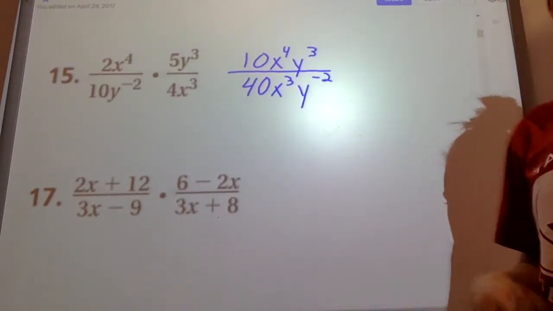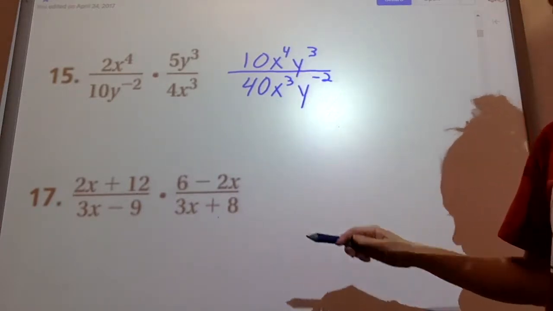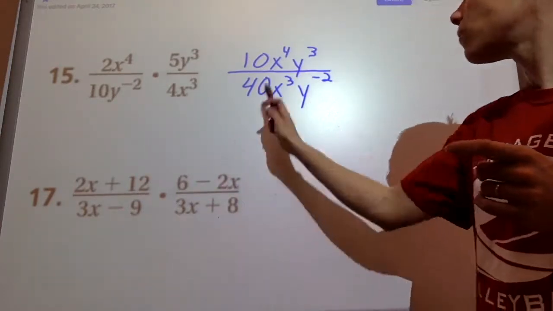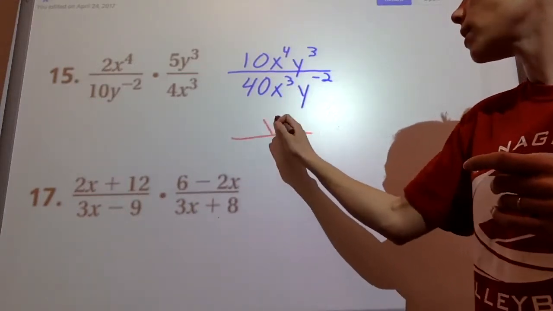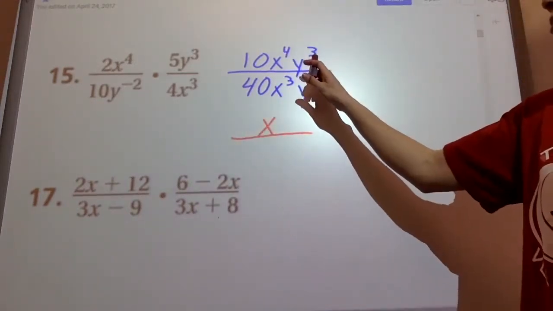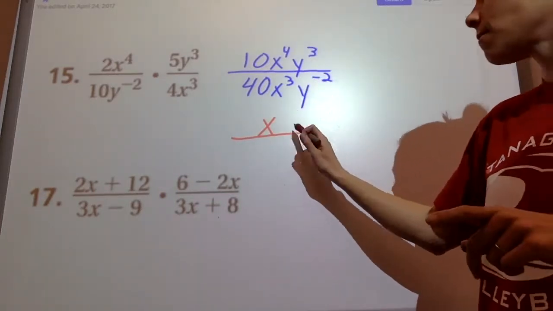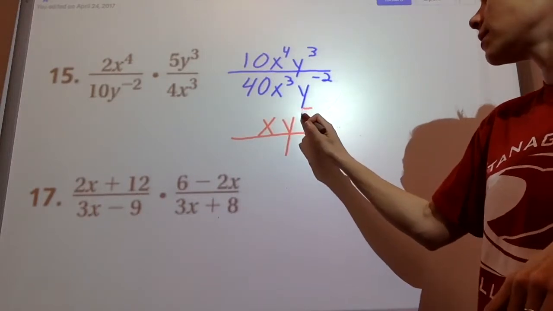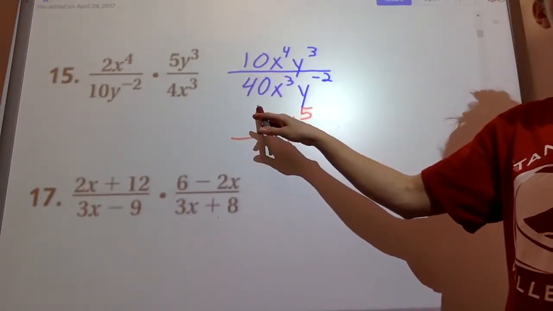And remember, when I'm dividing same bases, I subtract exponents. So 4 minus 3 is 1, so x to the 1st. 3 minus a negative 2 is 5, and then 10/40ths reduces to what?